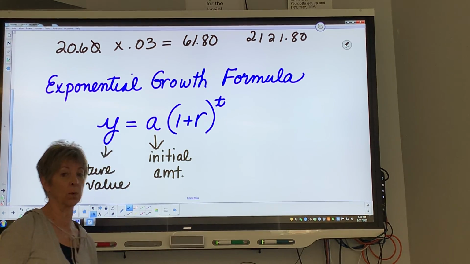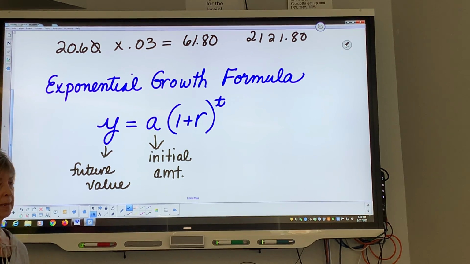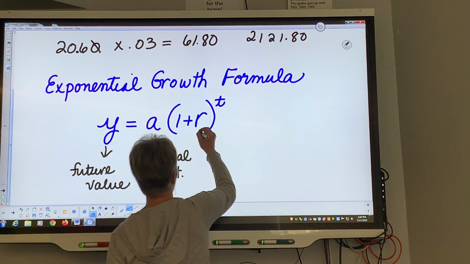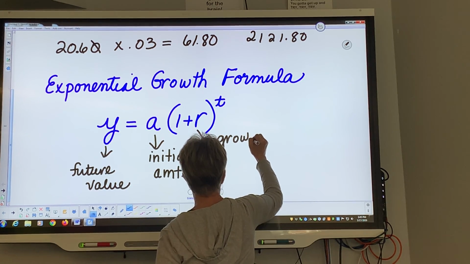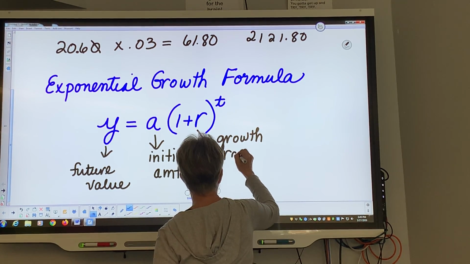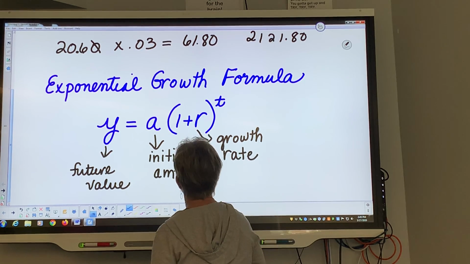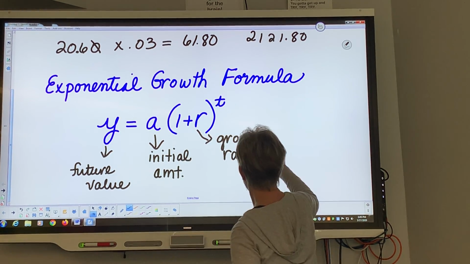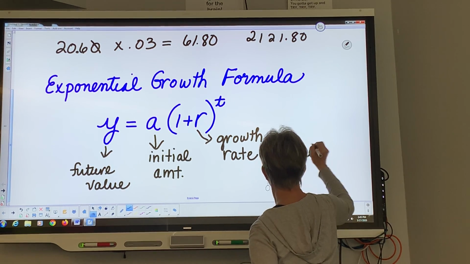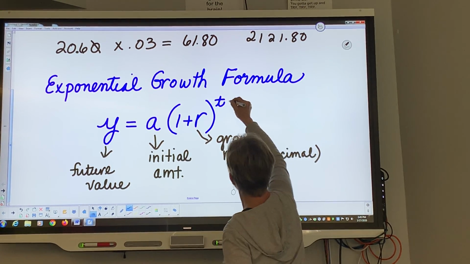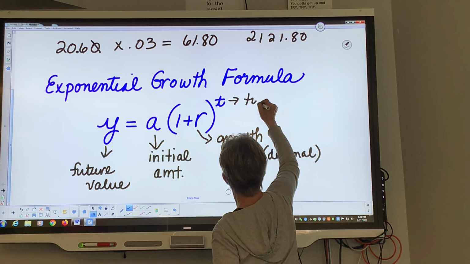So in our case, it was $2,000, remember? R is called the growth rate. And we always put that in as a decimal. And T is the time.